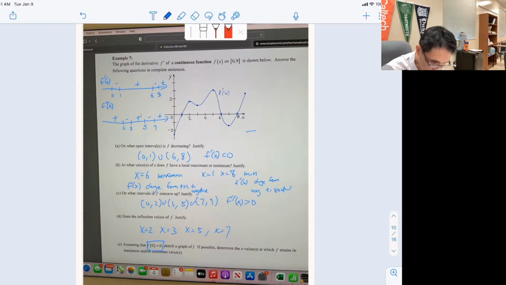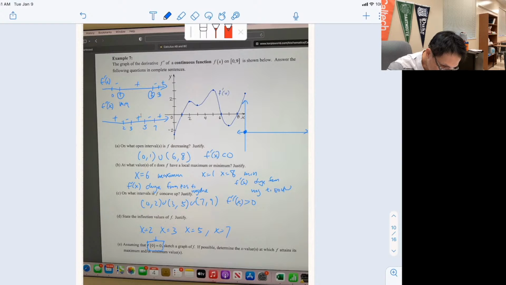So I'm going to graph it. First of all, I'm going to have 0, 0 because this is f of 0. Are we okay? When you go to 1, the 1 is a minimum, right?